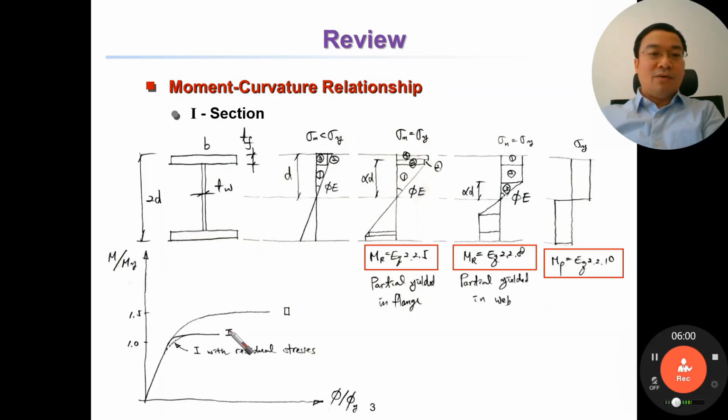Finally, we have a relationship between moment and curvature like this. This is for rectangular, and this is for I section. And this is the I section with residual stress. The dotted line presents the effect of residual stress.